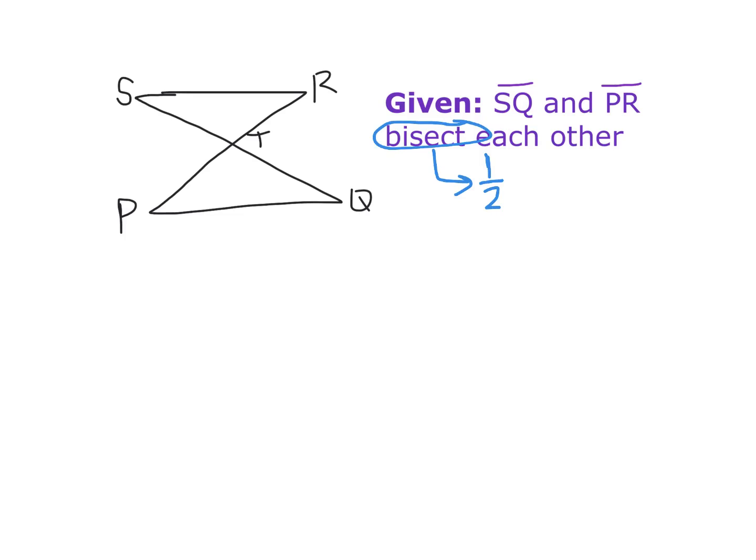So right here at this intersection T, that's where I'm getting half of S to T and the other half of Q to T, right? So I know that ST has to be congruent to QT because it was cut in half. And it's also being cut in half on line segment PR. So I'm going to put 2 tick marks to show that these two sides are equal to each other. So what that means is line segment PT is congruent to line segment RT.